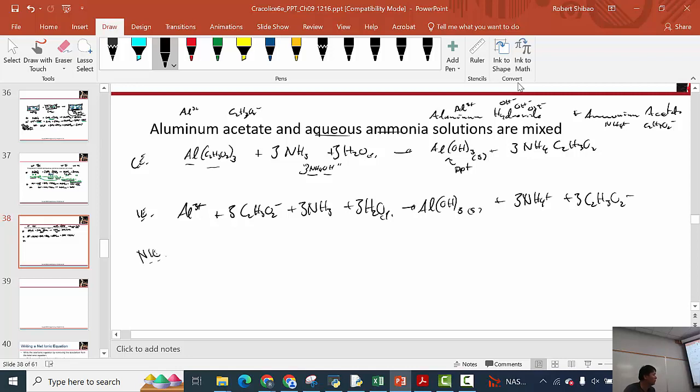So it's going to be aluminum ion plus 3 ammonia plus 3 H2O. Liquids, yeah.